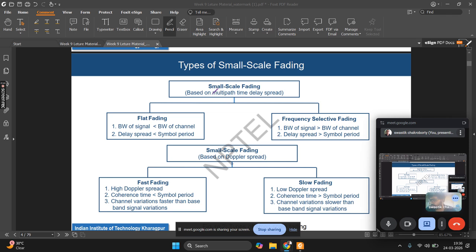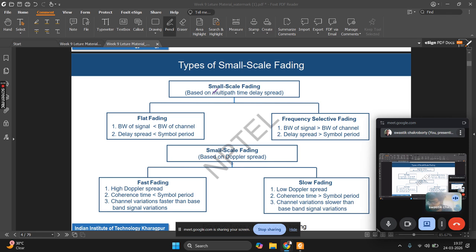Now, based on the Doppler spread, there is fast fading and slow fading. Fast fading happens when the relative velocity is pretty high. You assume that for the time you are processing the symbol, your channel is constant.